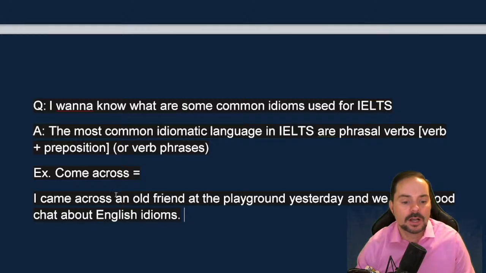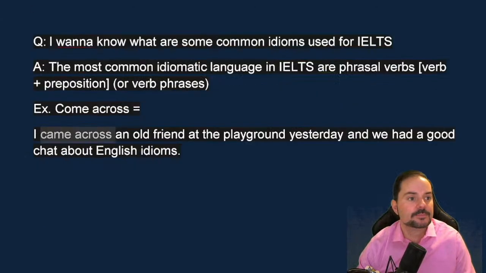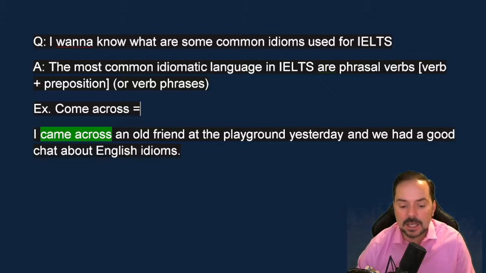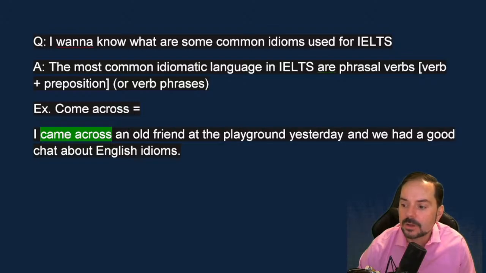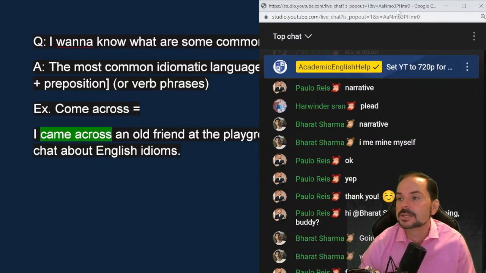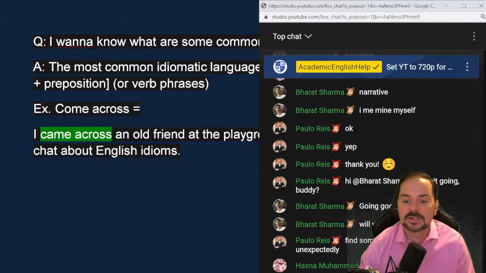Okay, so came across in this sentence here, what does it mean? Can anybody tell me what come across means in this sentence? So Harwinder says it means meet. It's more than just meet, Harwinder. Natalie says that it means to meet or to see unexpectedly. Okay, here you can see Natalie's answer here, to see unexpectedly or to meet. There's actually a single verb.